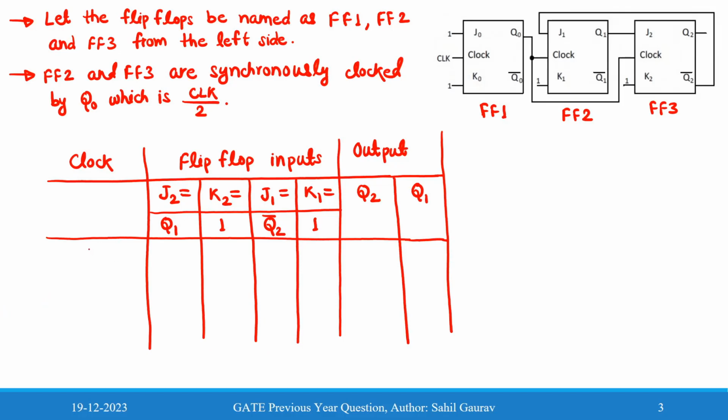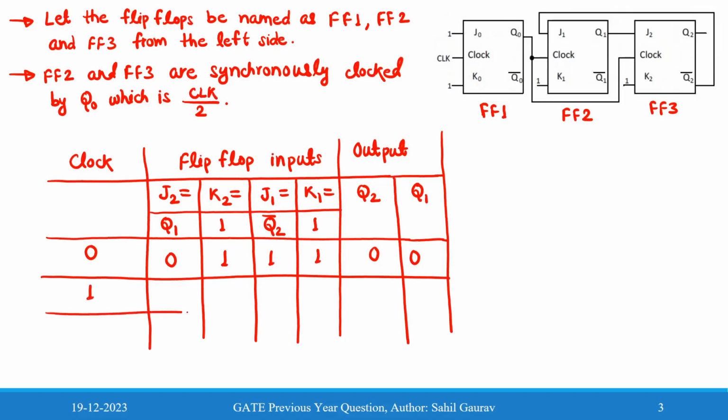In the initial condition, that is, when no clock pulse is given, Q2 and Q1 both are 0. Now we update the flip-flop inputs. J2 is Q1, which is 0. K2 is always 1. J1 is Q2 bar, that is 1, and K1 is 1. These are the flip-flop inputs. When we give the first clock pulse, what will be the output we get?